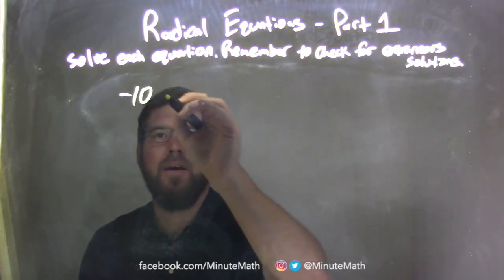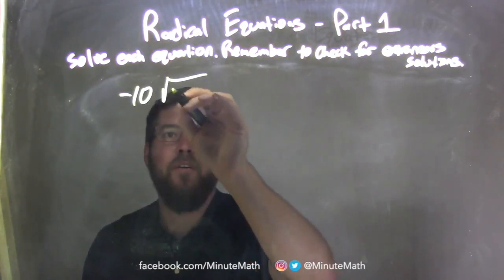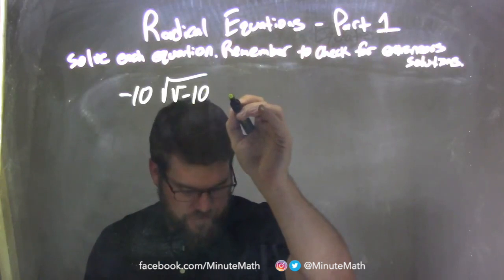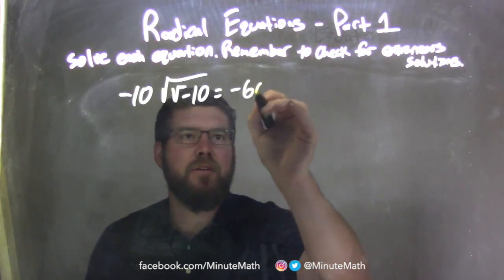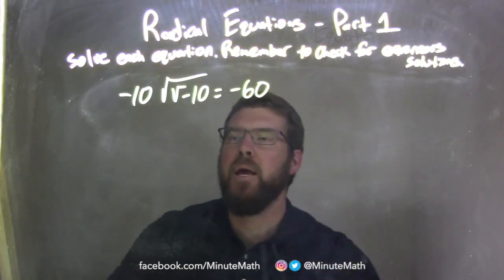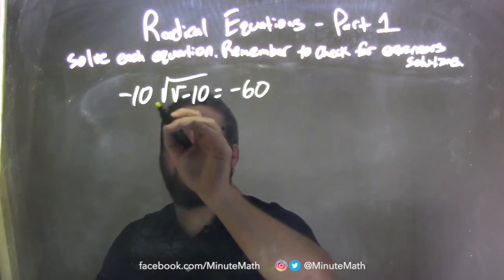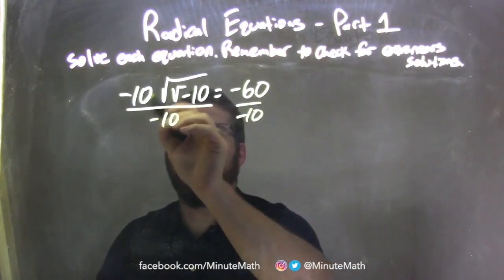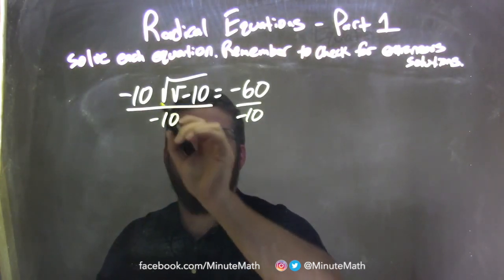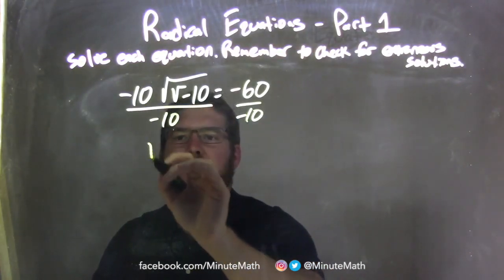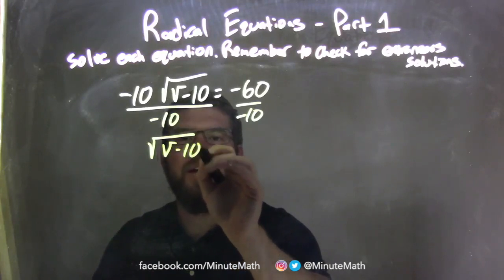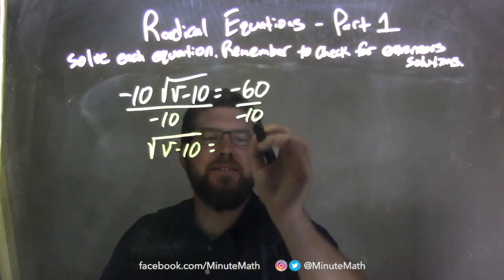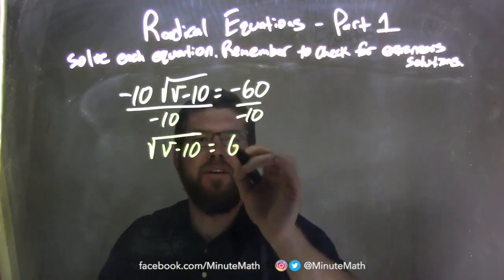Negative 10 times the square root of v minus 10 equals negative 60. Okay? Well, first step is I need to divide by negative 10 on both sides. That eliminates this. Remember, there's multiplication going on between negative 10 and the square root. So now I have the square root of v minus 10 equals negative 60 divided by negative 10, which is a positive 6.